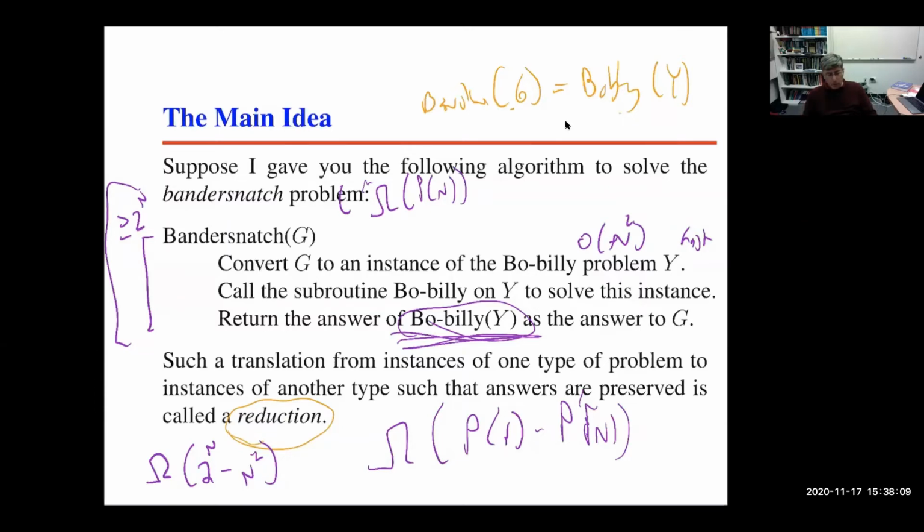If I show you that there is no possible fast algorithm for Bandersnatch, and here is an algorithm for Bandersnatch that would be fast if mobility could be solved quickly, what does that mean about mobility? Okay. It means that there can't be a fast algorithm for mobility.